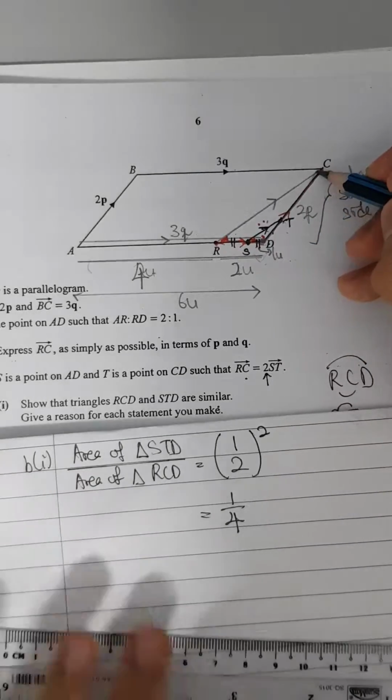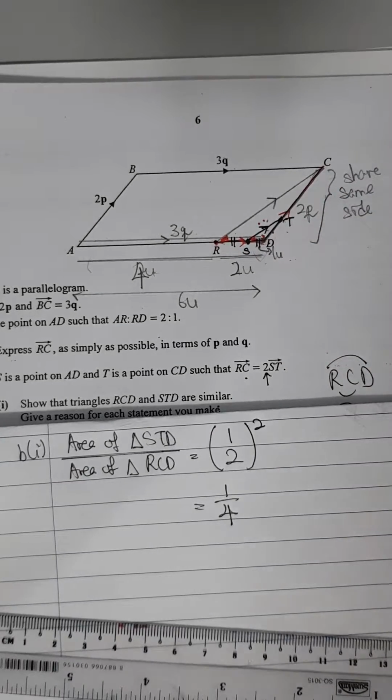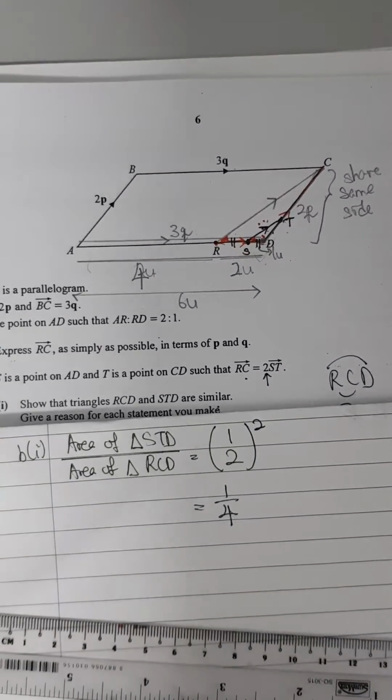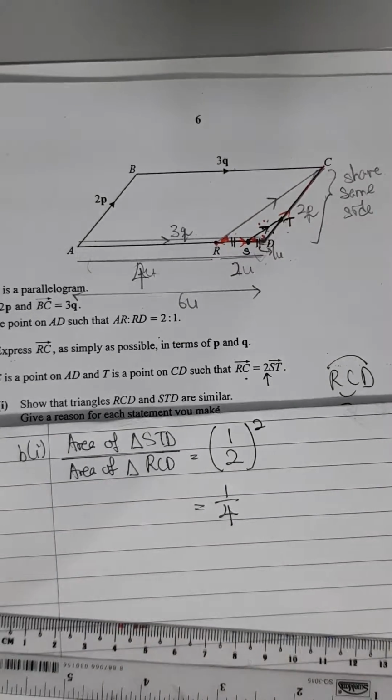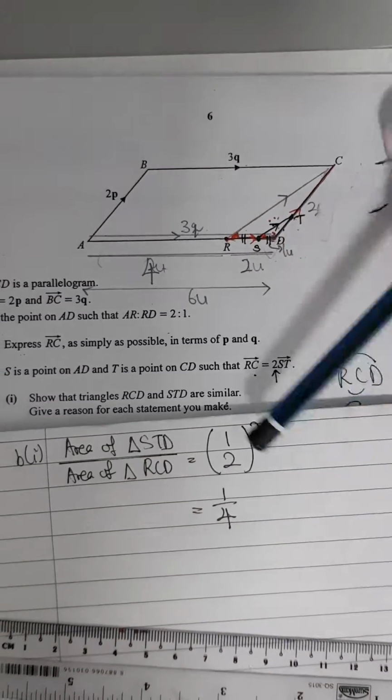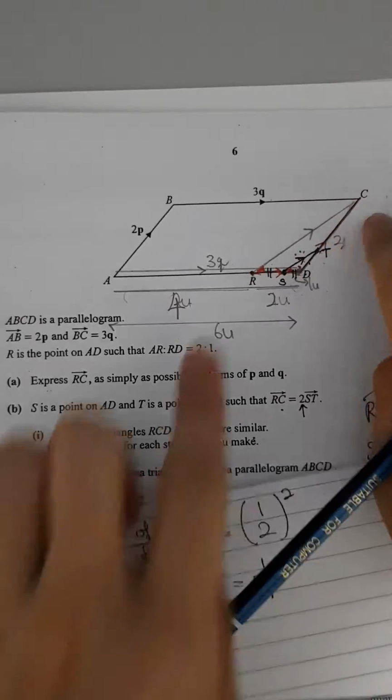But we do not know the length. So instead of using the side DC, what else can you say about this triangle and the parallelogram?